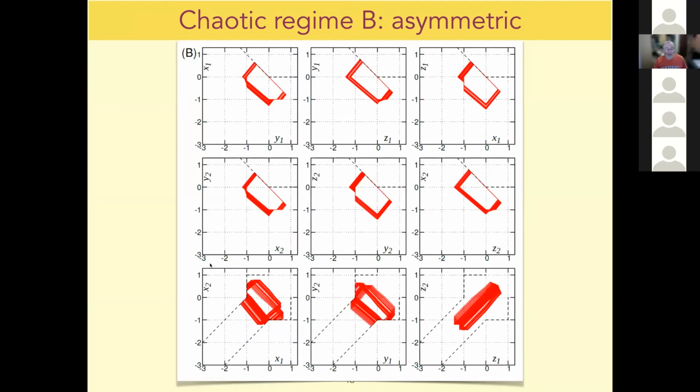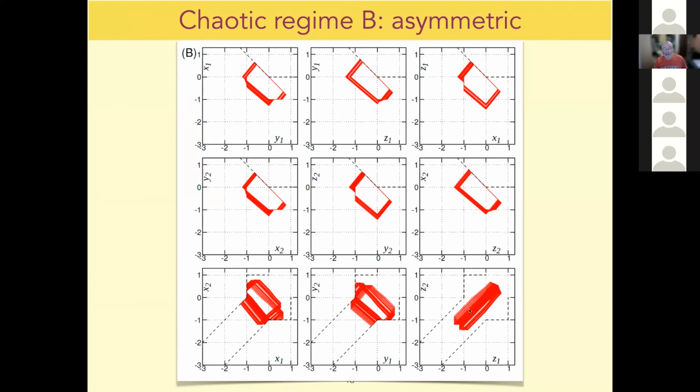And there are also chaotic regimes. There is one chaotic regime which is asymmetric. You see here a bunch of trajectories. Here there is a coupling in X, a coupling in Y, but there is no coupling in Z. So coupling is in the equation, but it never works.